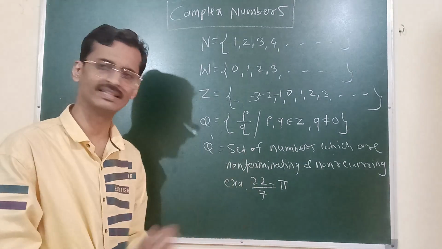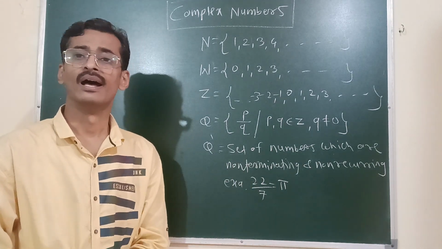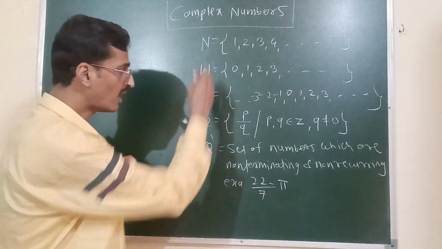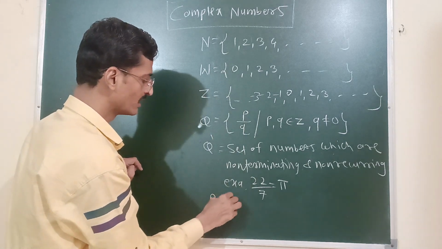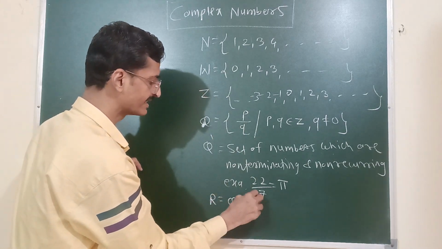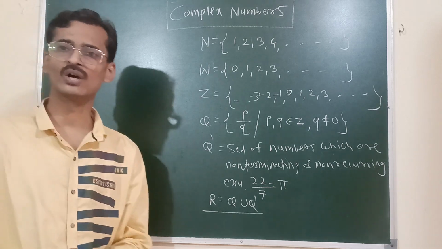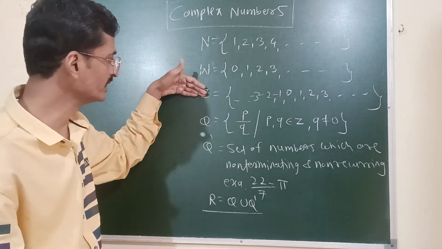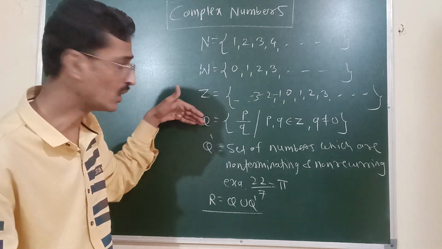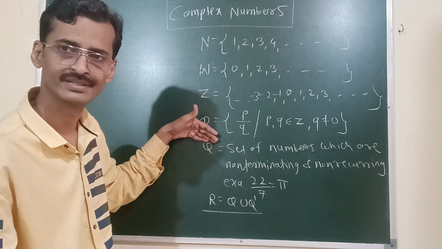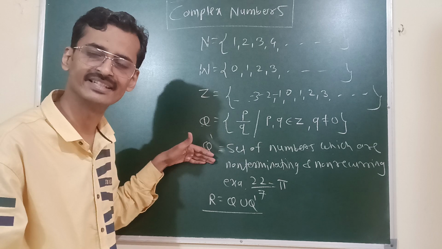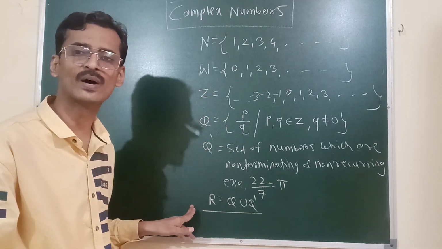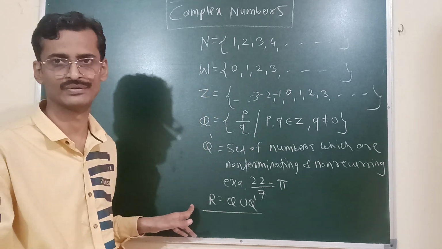So we know what an irrational number is. Now, what is a real number? All rational and irrational numbers together are called real numbers.